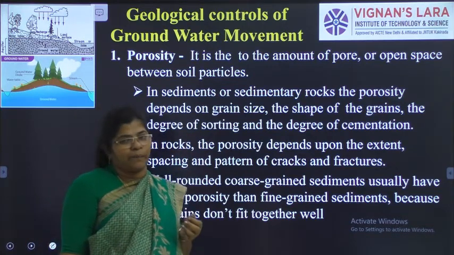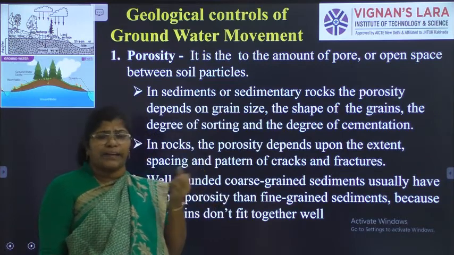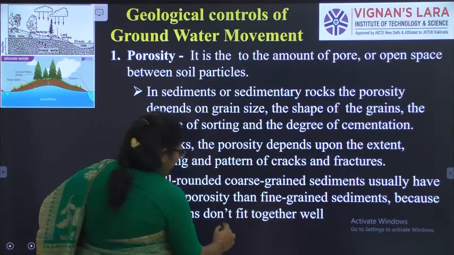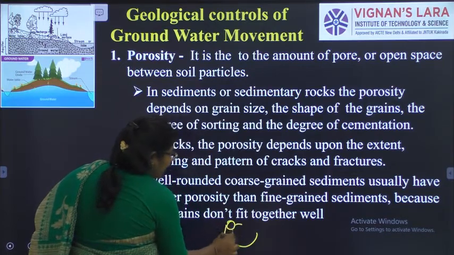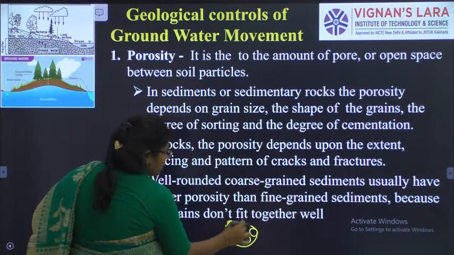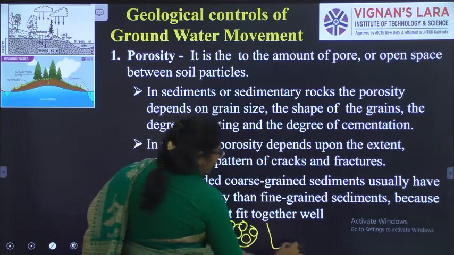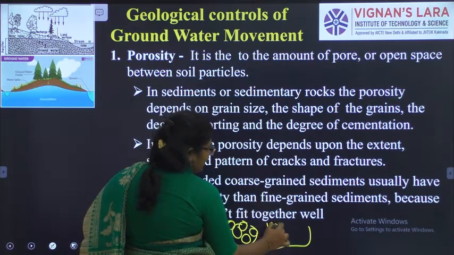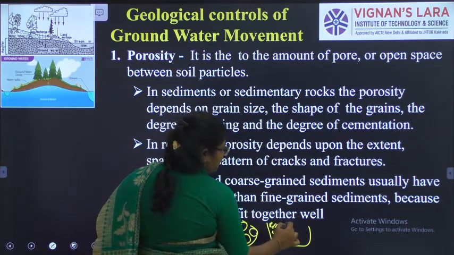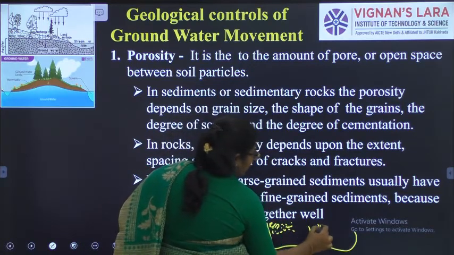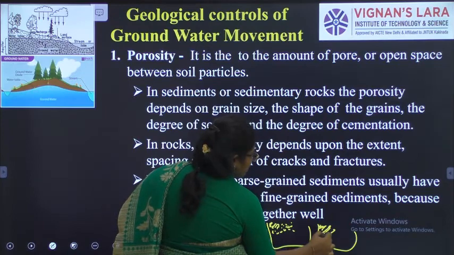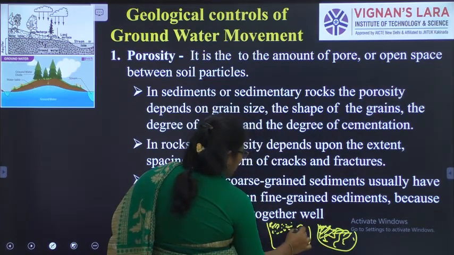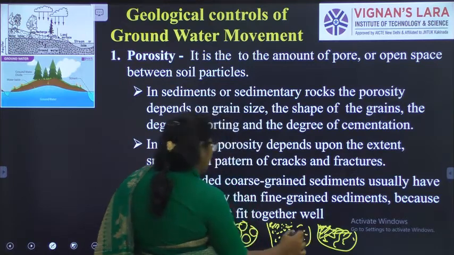For example, I can have gravel at one point. Gravel has very big stones. Then I have sandy layers. The third one is soil.